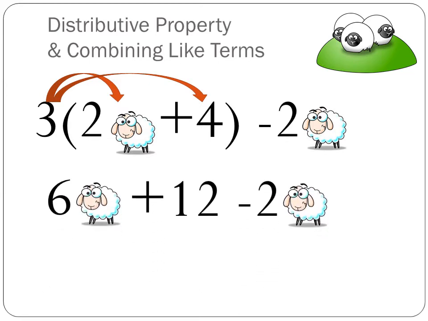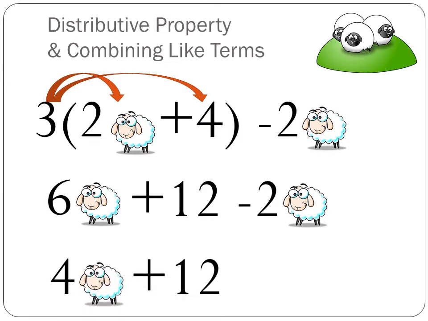So 3 times 2 sheep is going to give me 6 sheep plus 3 times 4 is going to give me 12 minus 2 sheep. Now what two can I still combine? I can take 6 sheep and subtract 2 sheep, which leaves me with 4 sheep plus 12.